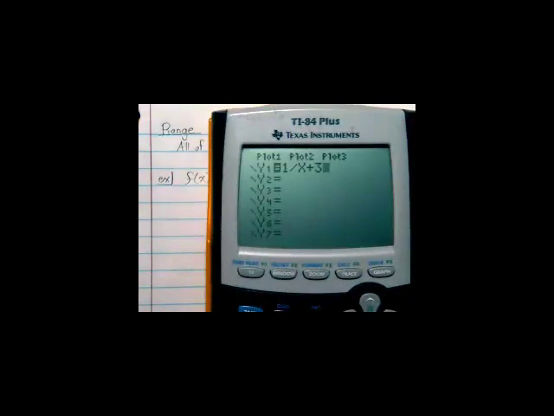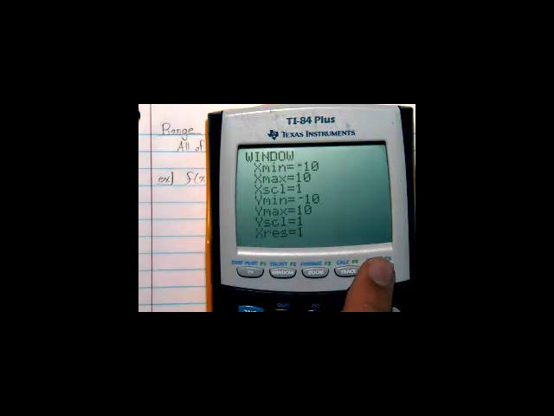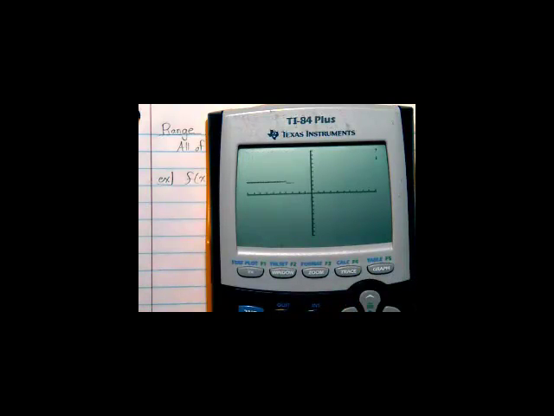So it should look something like that. And just in case, make sure your window is a standard window too, so we're all looking at the same thing here. All right, and then we'll graph that.